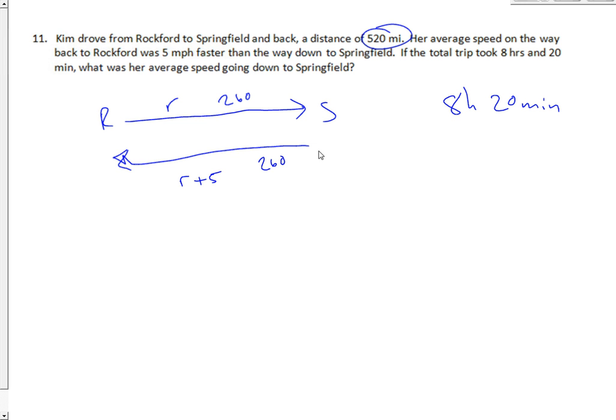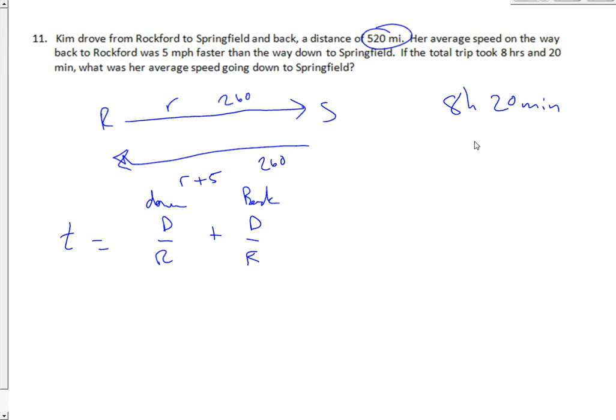So I'm going to set this up just like the last problem, where my time is equal to the distance over rate for going down to Springfield, adding my distance over rate for back to Rockford.